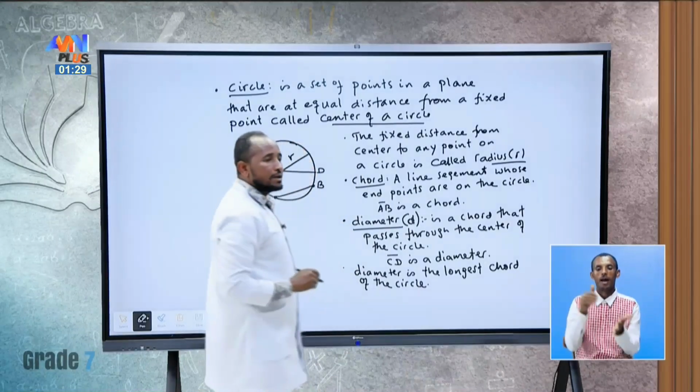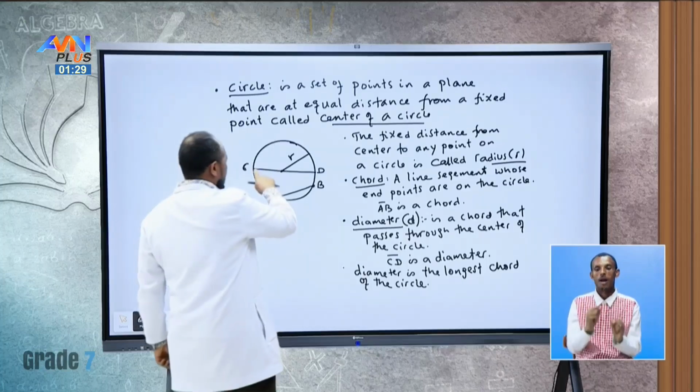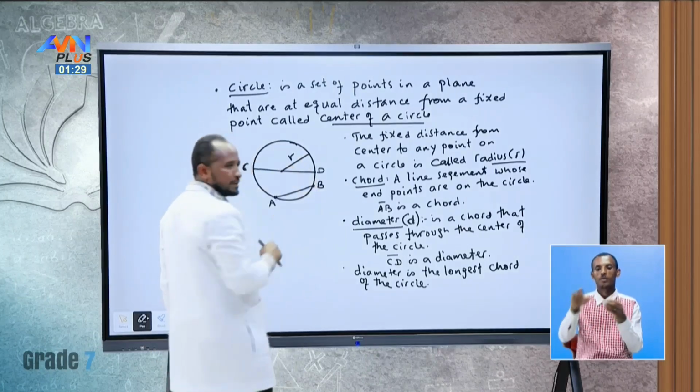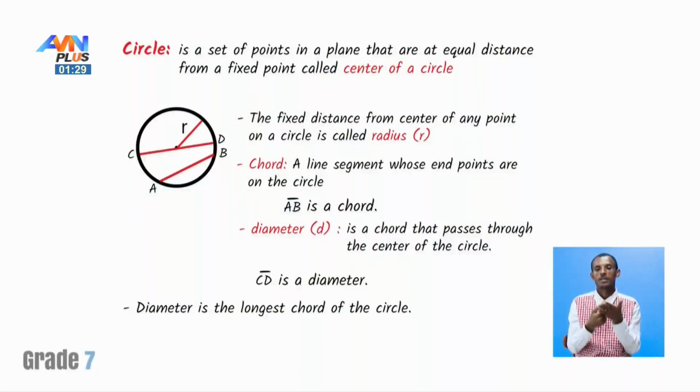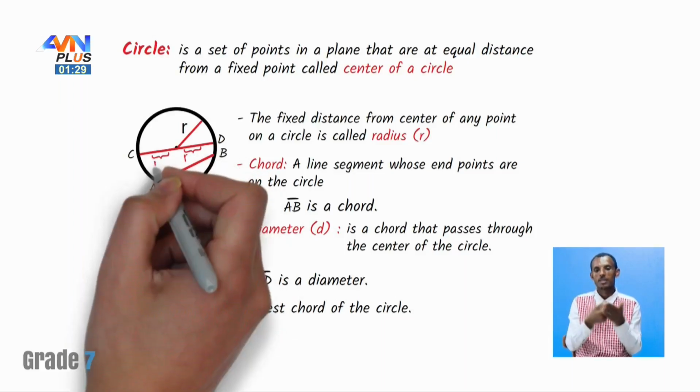Again, you can relate the diameter of a circle with the radius. Look here, the distance from center of a circle to any point on a circle, we say it is radius. Again, this part is also a radius.